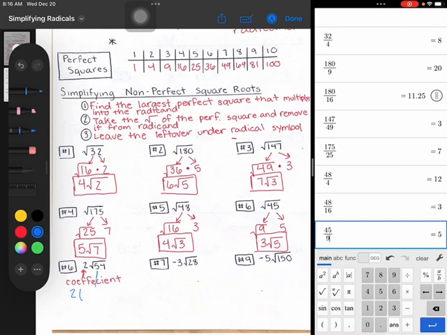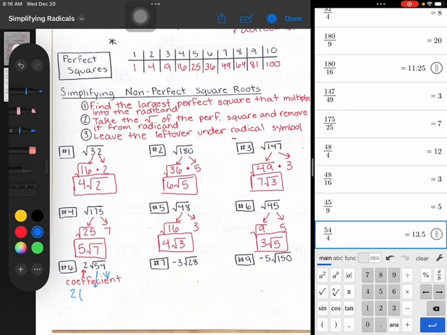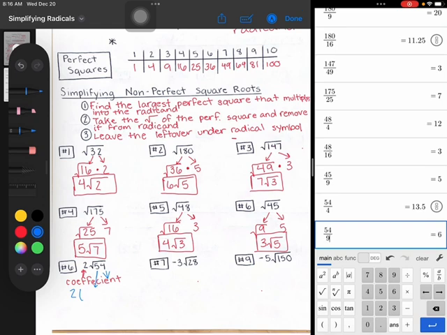So this still doesn't change anything, so I'm just going to have 2 on the outside, and then bring down the two things that multiply into 54. So let's figure out what the biggest perfect square is that goes into 54. Let's try 4. That gives me a decimal. 54 divided by 9 is 6.